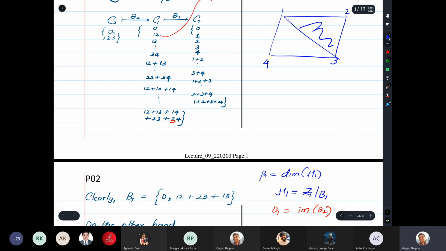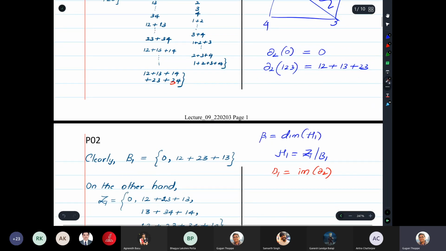So what I'll do is I'll take ∂2 and apply it on all the elements that are present in C2. So I take ∂2, I first apply it on 0. I hope you agree that the output of this would be 0. And then I apply it on [1 2 3]. So the output of this will be [1 2] plus [1 3] plus [2 3]. That's it. So this is the information that we have, and from this we can see that B1 would be made up of these 2 elements.